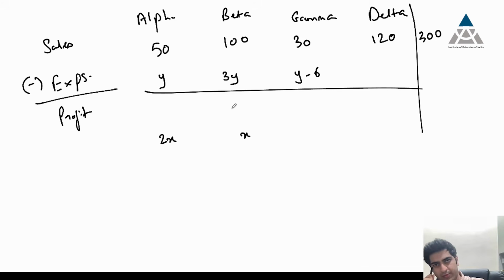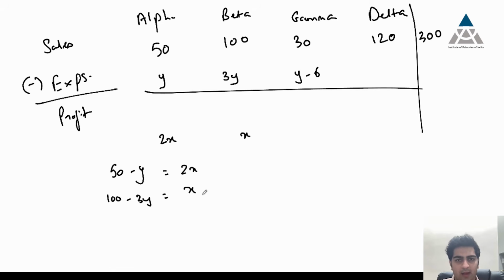Before moving further, you can actually see you have two equations in two variables here, that is 50 minus y is 2x, that's your equation 1 for Alpha, and 100 minus 3y is x. So we should use this opportunity to try and find out more about x and y's values, because then it will kind of solve all the remaining things.